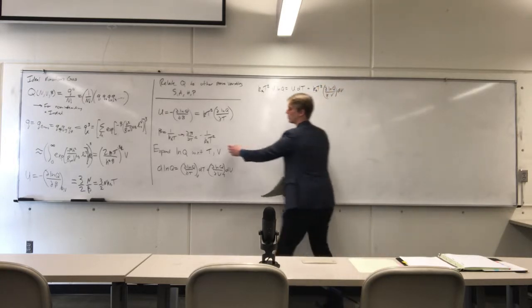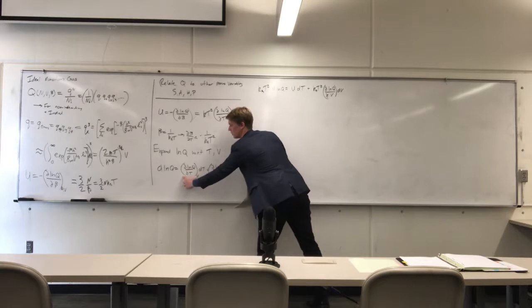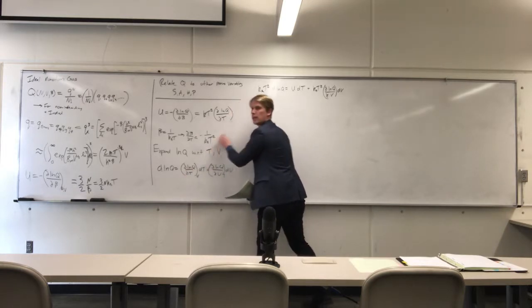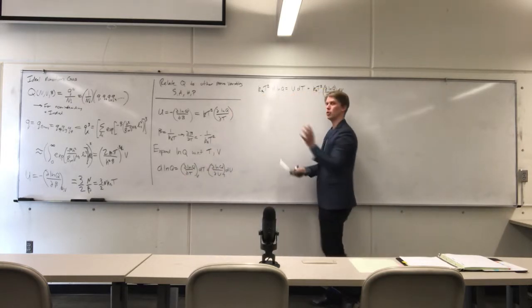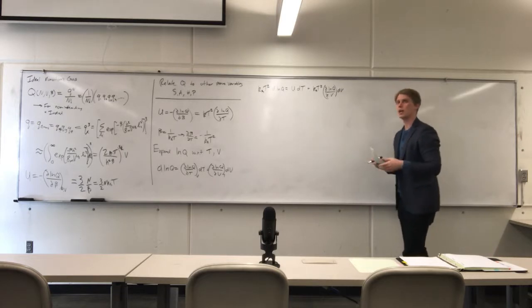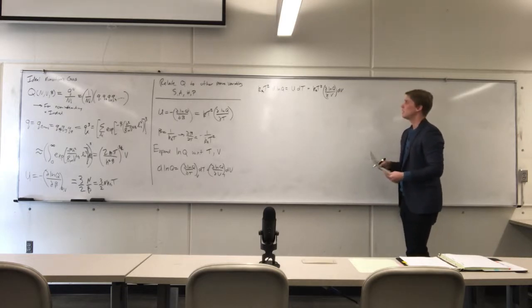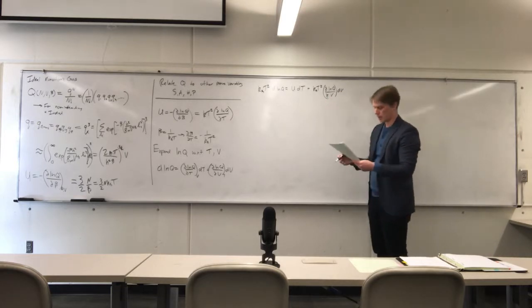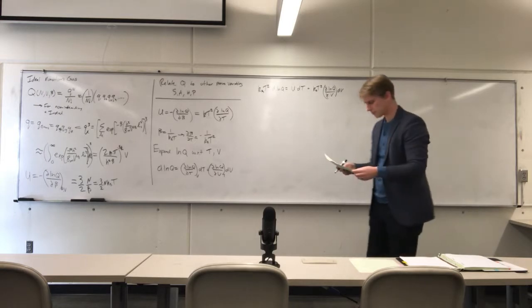All right, so if I multiply d ln Q dT by k_B T squared, that's actually just U, the internal energy, the expression we just derived. And then this one doesn't simplify down quite yet.